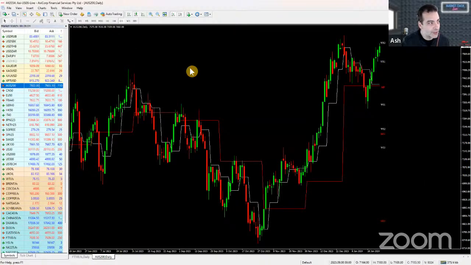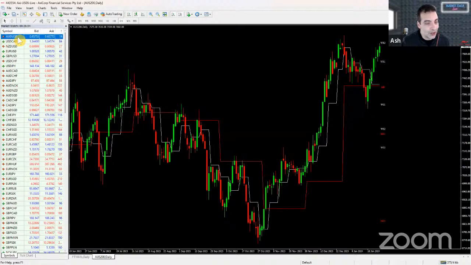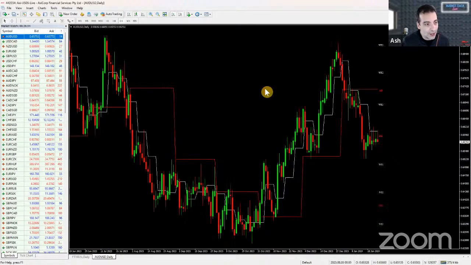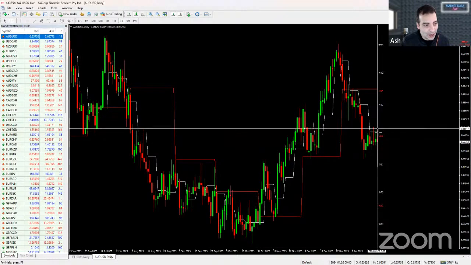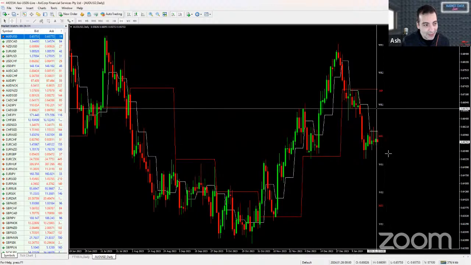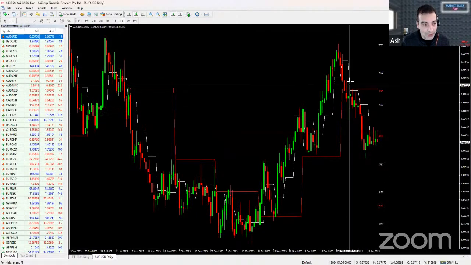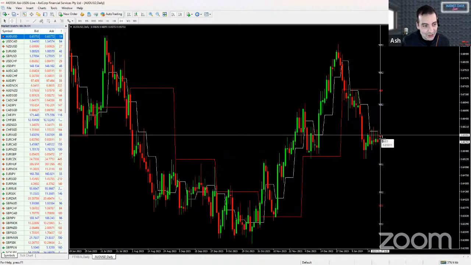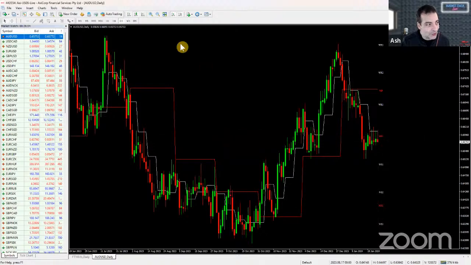Now, when we look at this, that really draws us towards what's going on with the Aussie dollar. The Aussie dollar is probably the one currency that has suffered the most against the dollar, and from Friday, it doesn't look like it's ready to turn around.